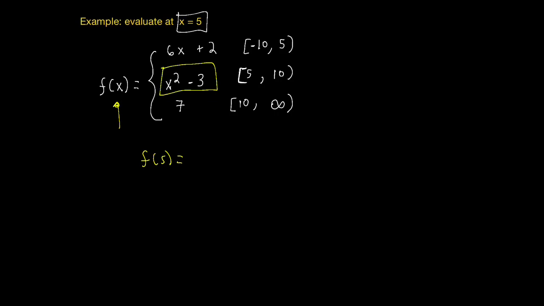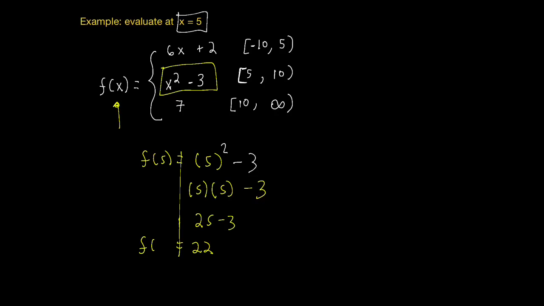So everywhere we see an x, we're going to replace it by a 5 now. So we get 5 raised to the second power minus 3. And now 5 to the second power is the same thing as 5 times 5. Subtract 3. 5 times 5 is 25. And then once we subtract 3, we're going to get a total of 22. So f of 5 is 22.